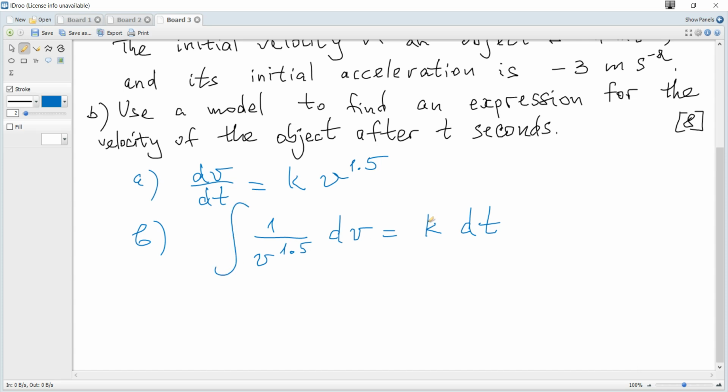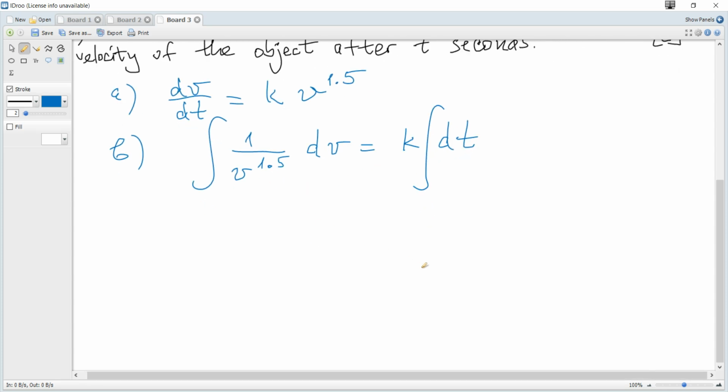Then integrate. How to integrate the left hand side? It's v to the power of negative 1.5, and we just apply the rule for the integral of x to the power n, which is x to n plus 1 divided by the obtained power n plus 1.